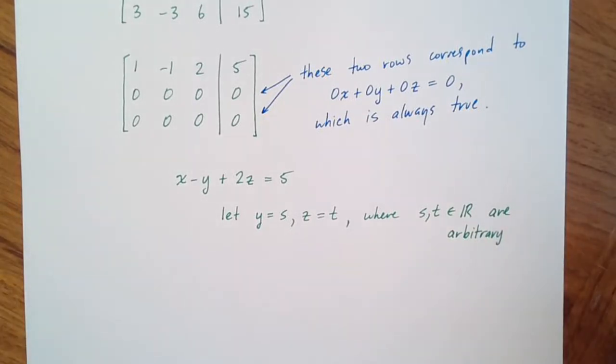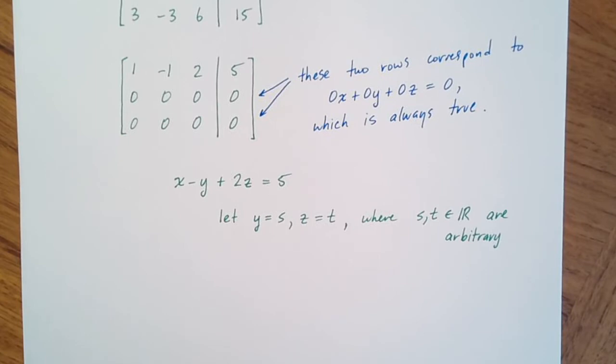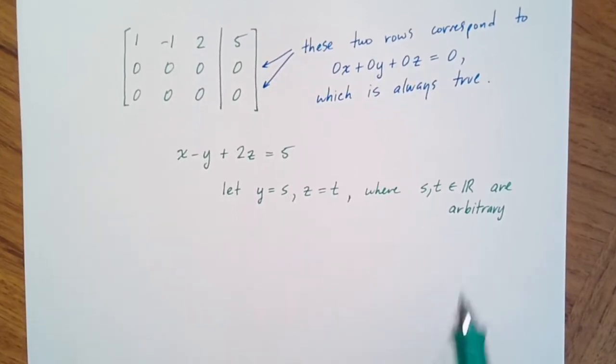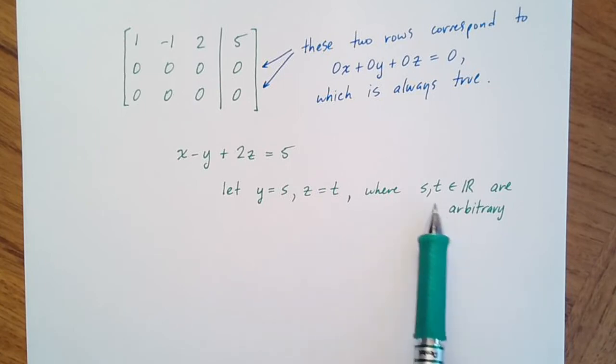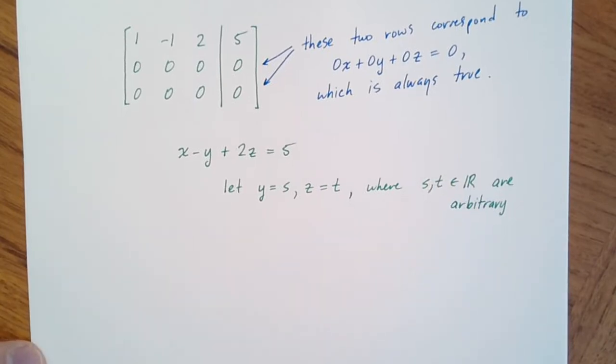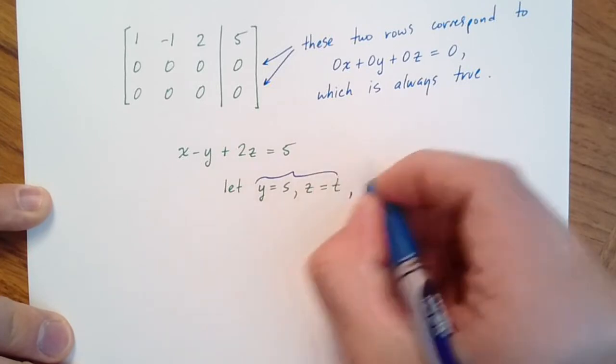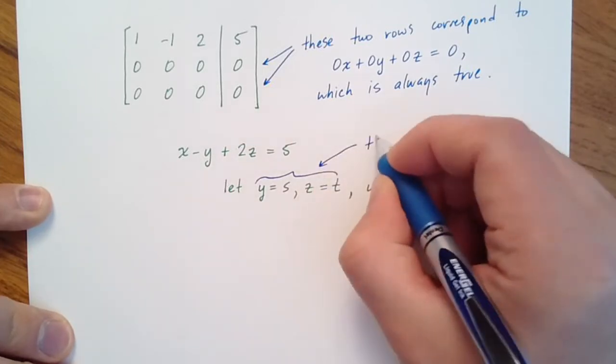Depending on whether you've heard that word before in ordinary language, its meaning might be different than the meaning we use in this case. What I mean by arbitrary is there's nothing special about the values of s and t. They could be absolutely anything, as long as they're real numbers. And that's what I mean by parameters. Let me write a comment in blue here: these are called parameters.